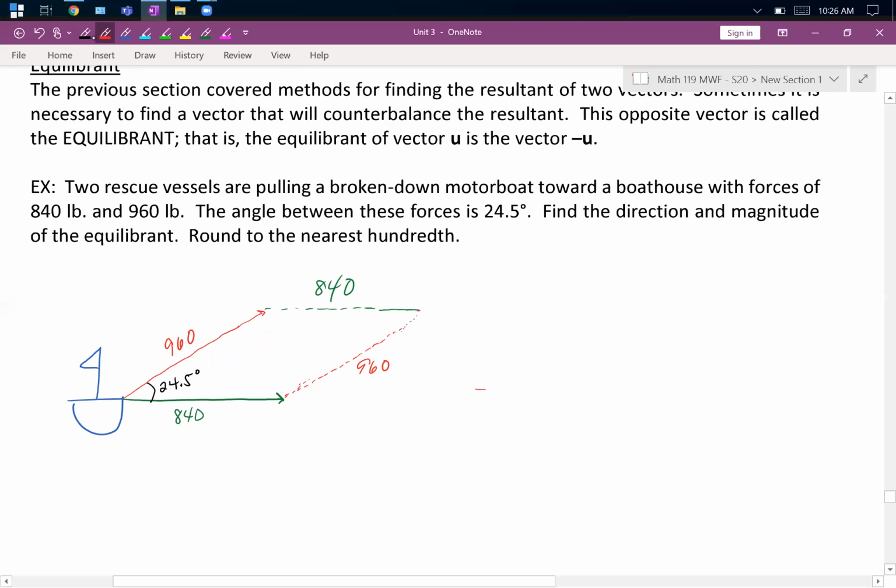We'll use the fact that our adjacent angles are supplementary, so that makes this top angle here 155.5, and we are looking for this resultant vector here to start.